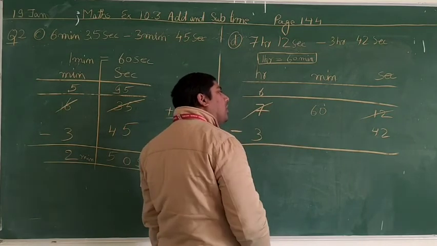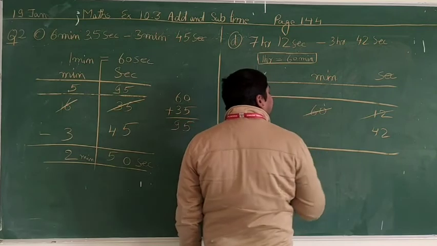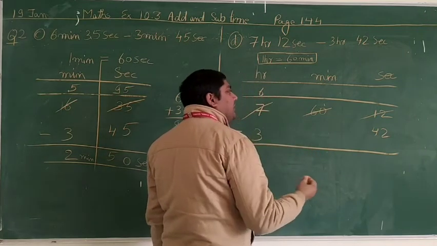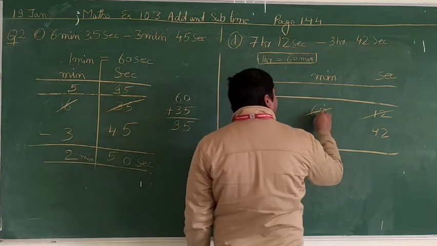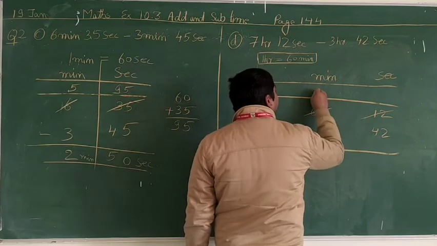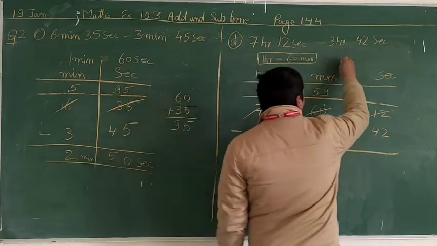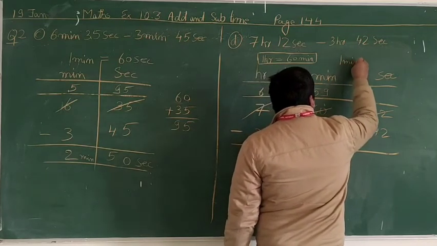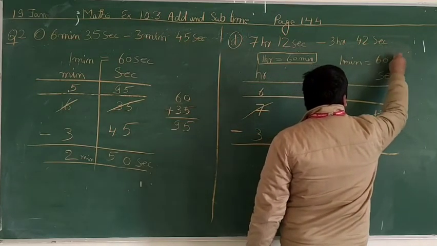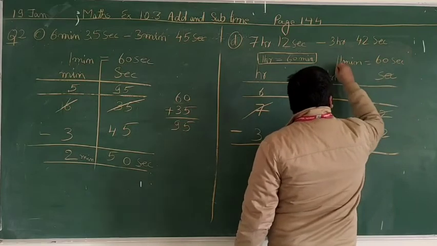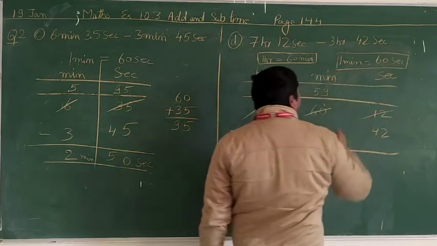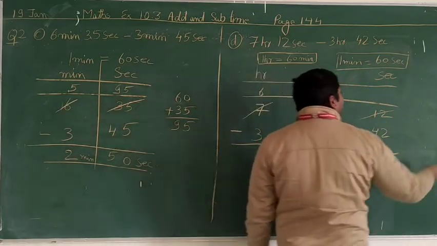अब हम borrow लेंगे minutes में से. And minutes से हमने बोला that please give us the borrow, and we will take one borrow from here, that's why it will become 59 minutes. We all know that 1 minute equals to 60 seconds. If we take 1 minute, then in seconds hand it will become 60.